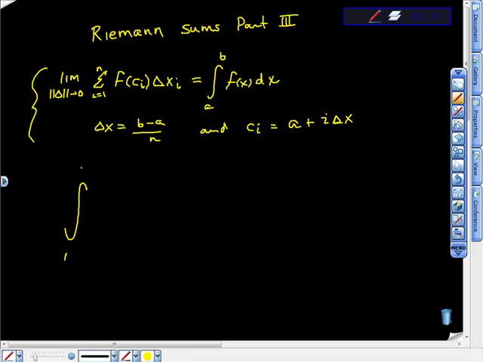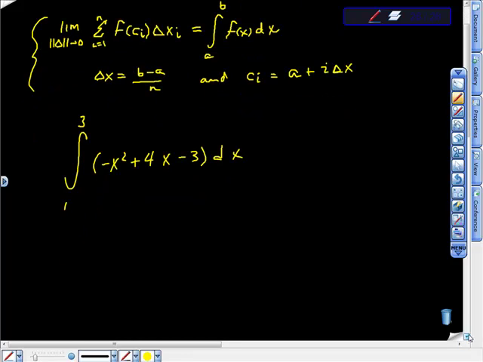We were talking about the integral of this whole mess here, plus 4x minus 3 dx. The first thing that I should have done today was just break this up into its different pieces. So this is the first piece I want to deal with.